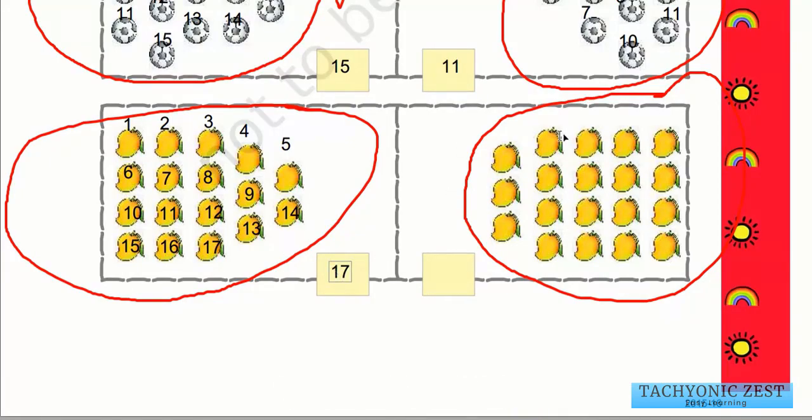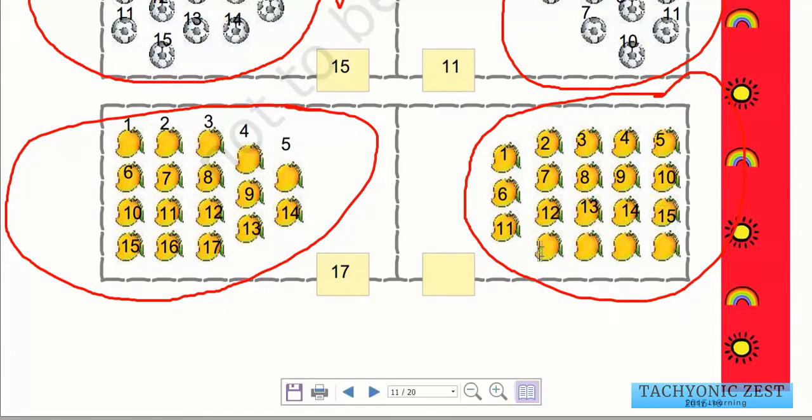Let us see and count the total number of mangoes in this group. So let us start from 1. So 1 2 3 4 5 6 7 8 9 10 11 12 13 14 15 16 17 18 19.